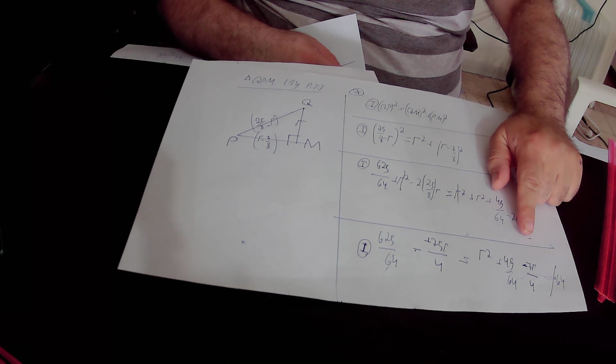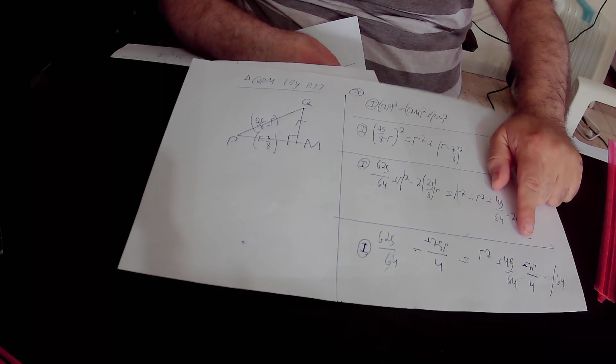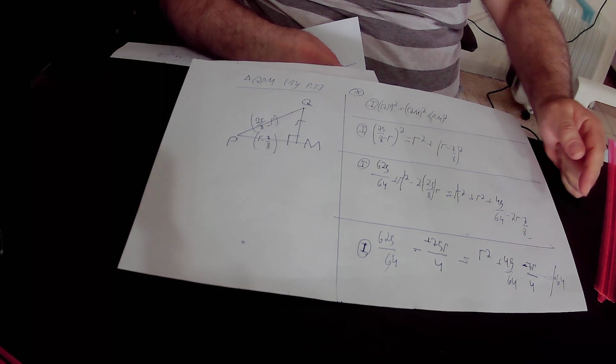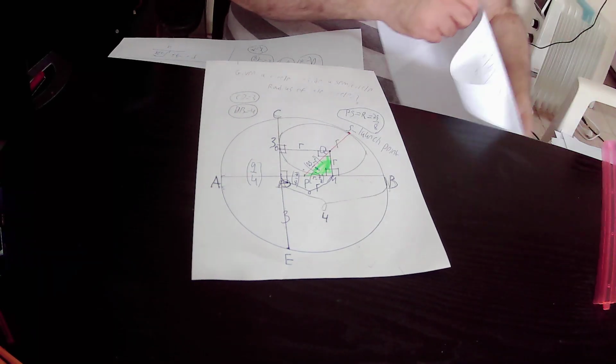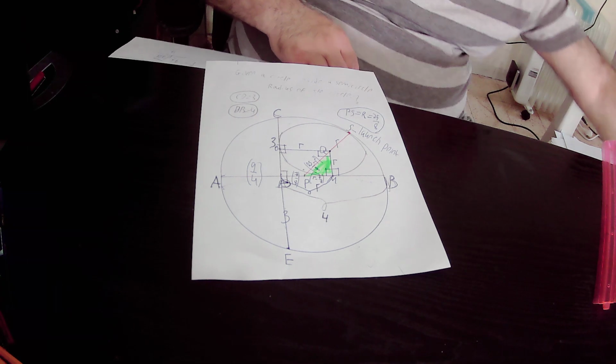And then we have minus 7r over 4 times 64. That's actually 64 over 4, that is 16, times minus 7r. Okay? So in conclusion, we got this equation.